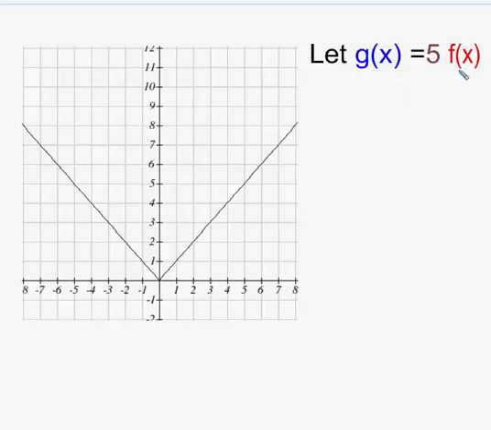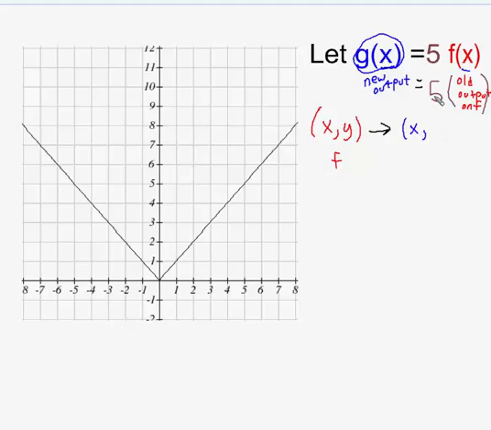I could summarize this in the following way. To get a point on the new function g, I can take a point on the function f, x comma y, and I can find where it gets transformed to by simply leaving the x coordinate of my point alone, but my new y value, which is the output of g, can simply be found by taking my old output of f and multiplying it by 5.